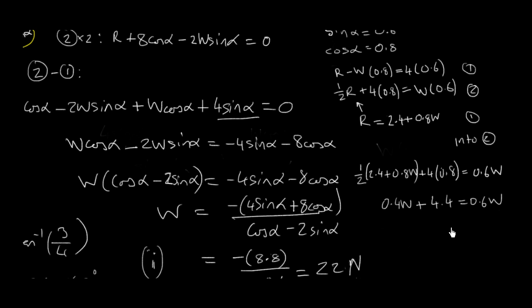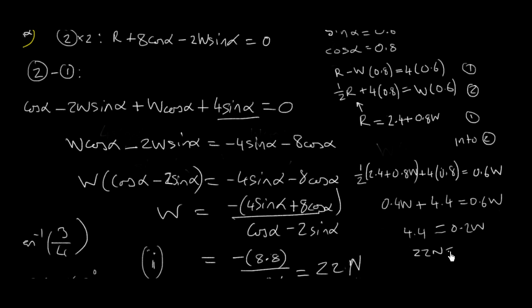And so I can pass them to the other side, and I get 0.6 minus 0.4, 0.2 w is 4.4, and therefore 4.4 divided by 0.2, which is the same thing as times 5, goes to 22 newtons.